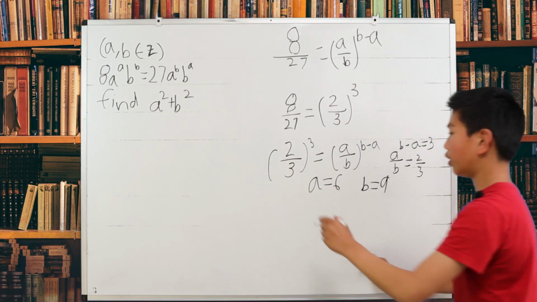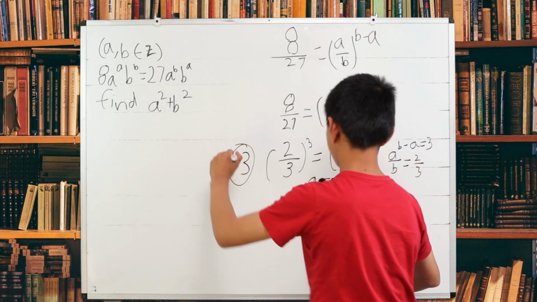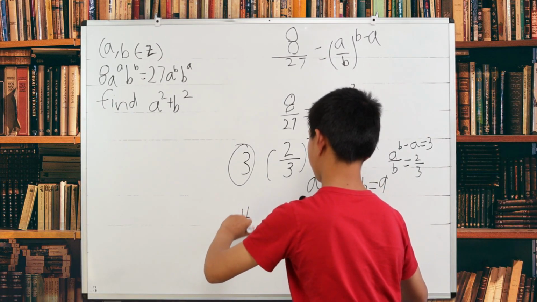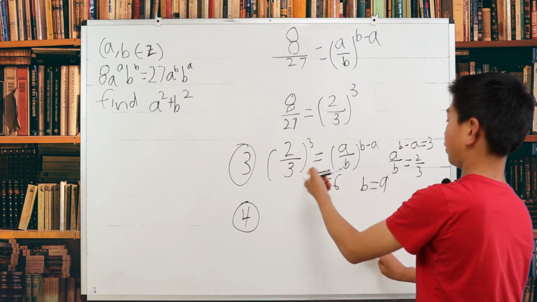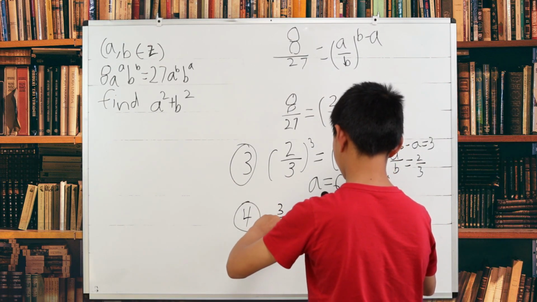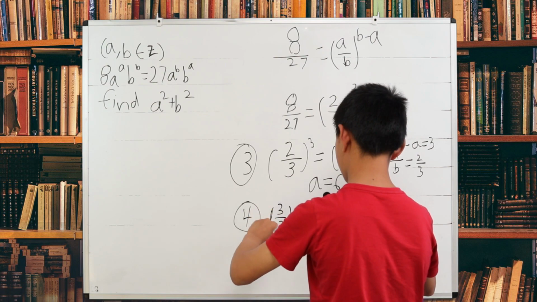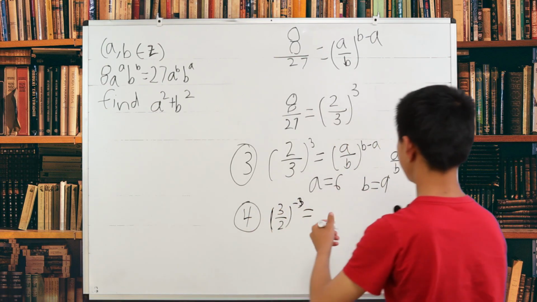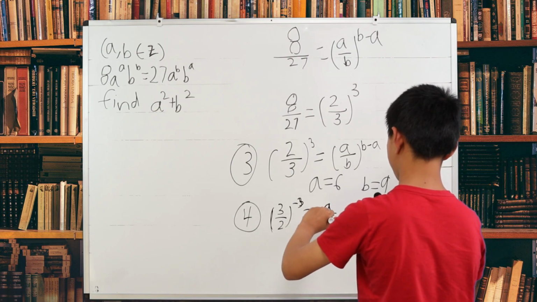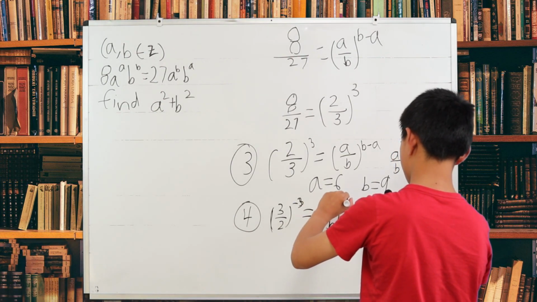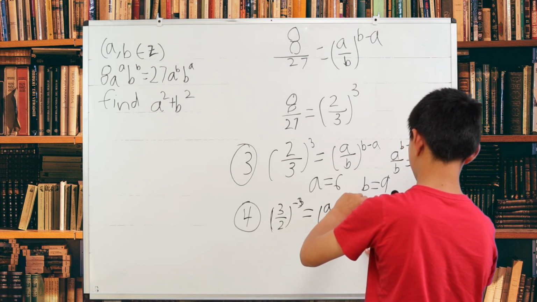Well, there's one more value that we need to solve for. Our fourth value, where it's flipped over. So 3 over 2 to the power of negative 3 is equal to a over b to the power of negative b minus a.